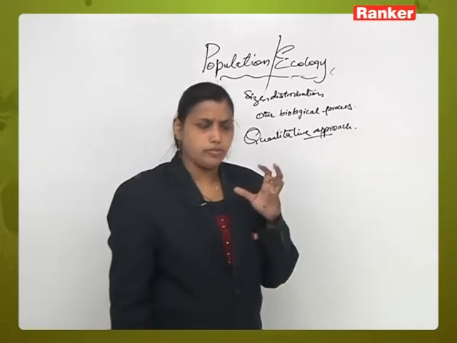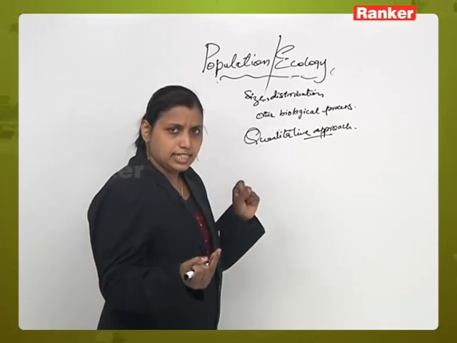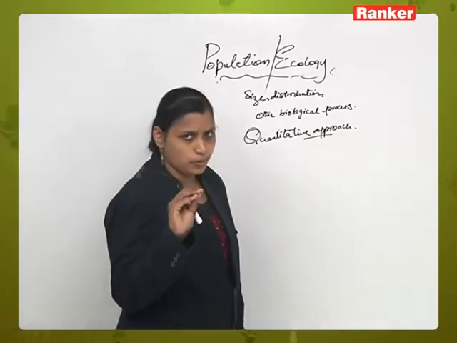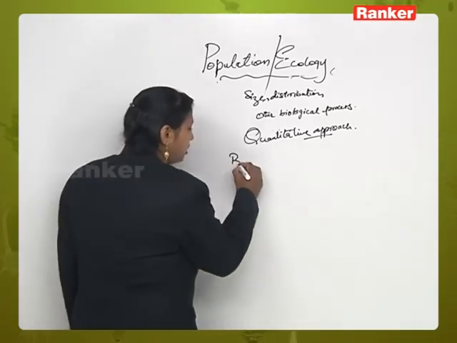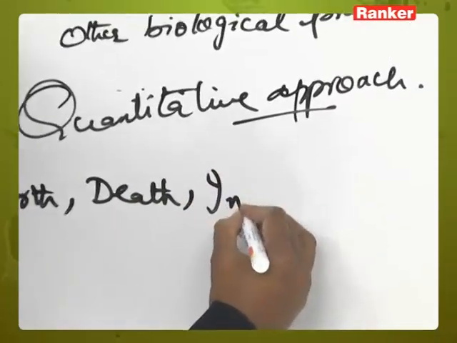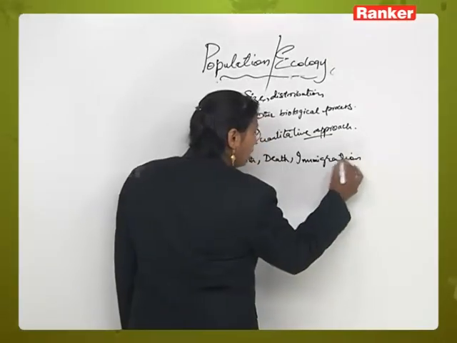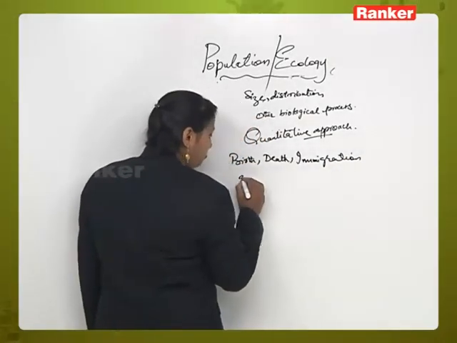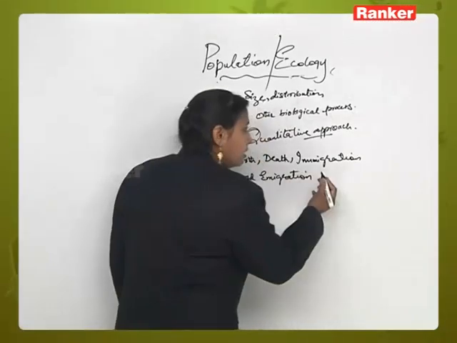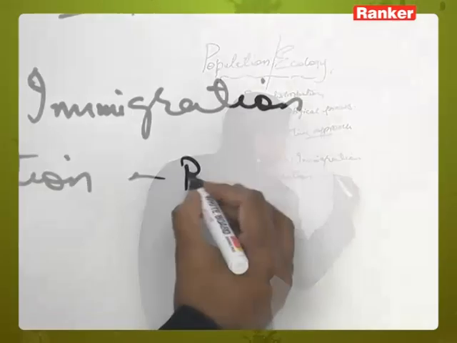So, in populations, we will take into consideration certain characters like the birth rate, the death rate, immigration and emigration. So, what are the characteristics when we are studying population ecology? We consider the birth of the particular population, the death of that population, the immigration and emigration. These are the basic processes which determine the size of the population.